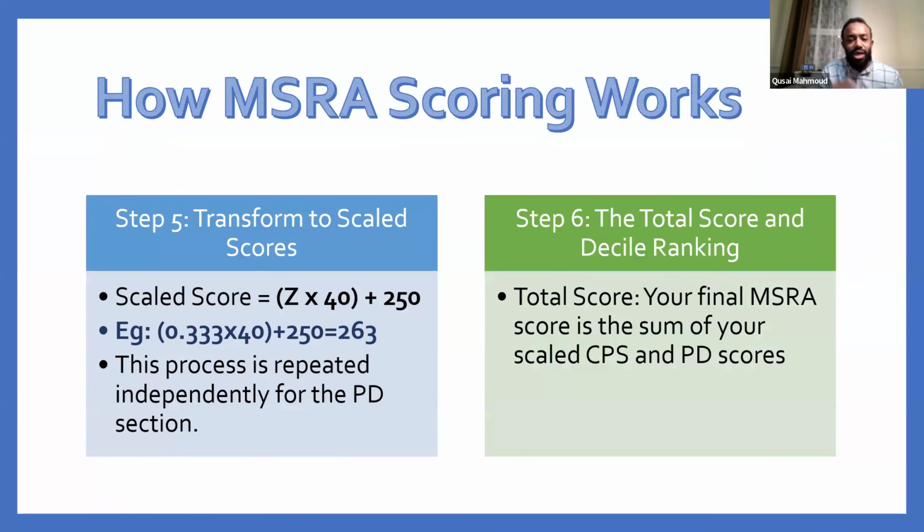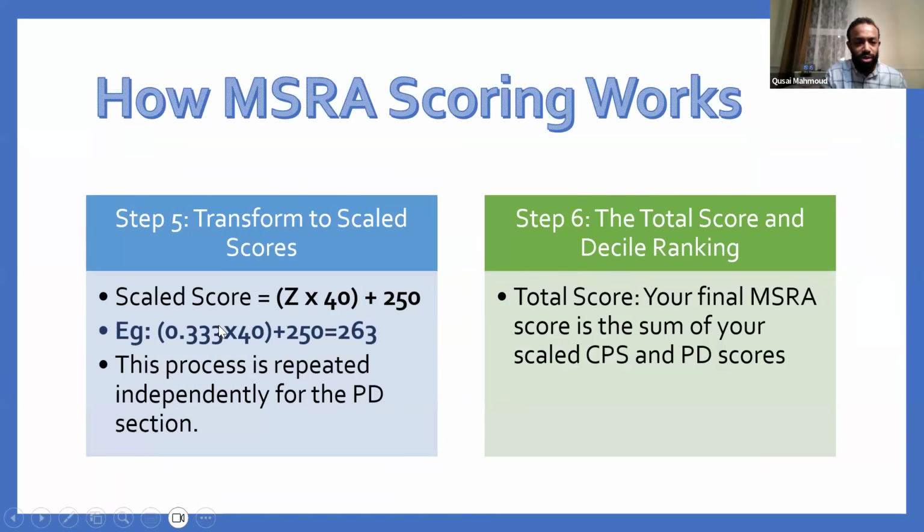How do they do that? They take the Z score, which is how much you moved from the actual average. They times that by 40 and they add that to 250. So in the previous example, my score was 5 points above the average, which is 1/3 of the actual standard deviation.